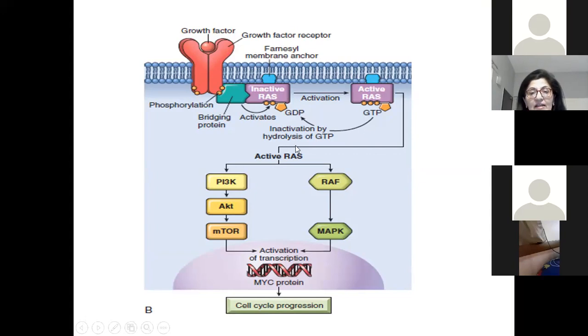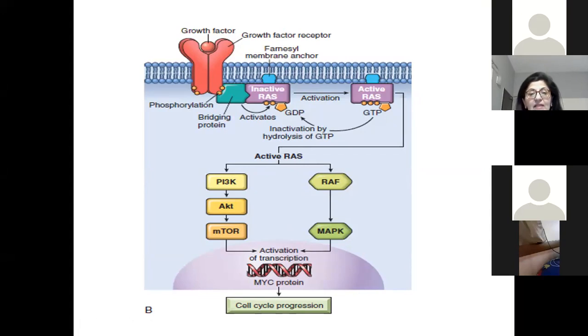This active RAS then initiates two pathways. One is called the PI3 kinase pathway, and the other one is called the MAP kinase pathway.